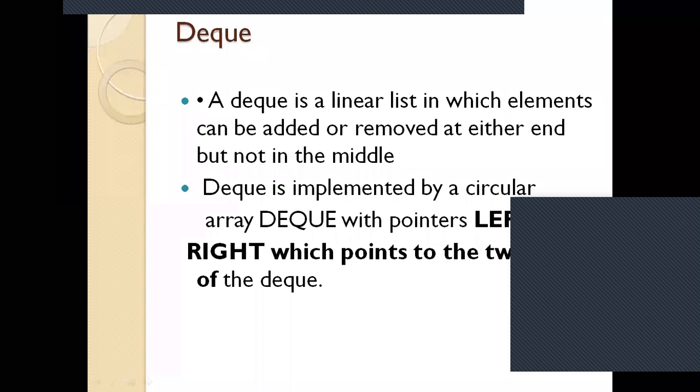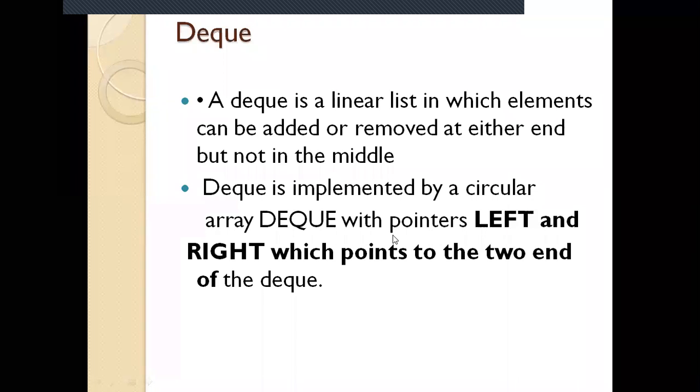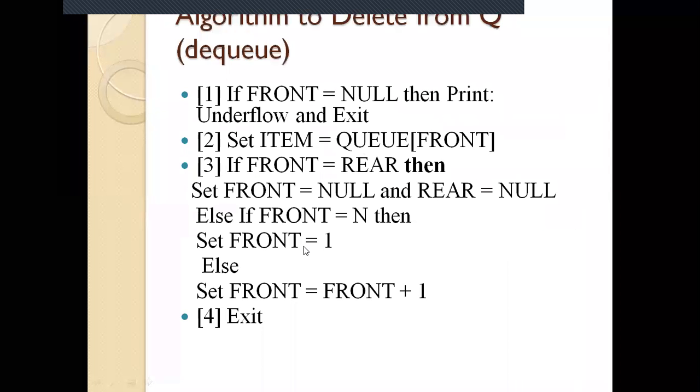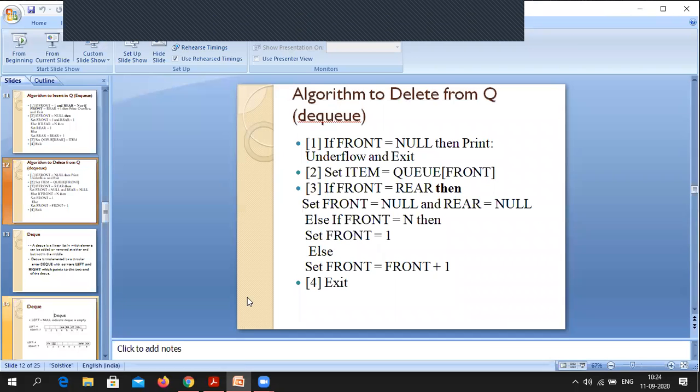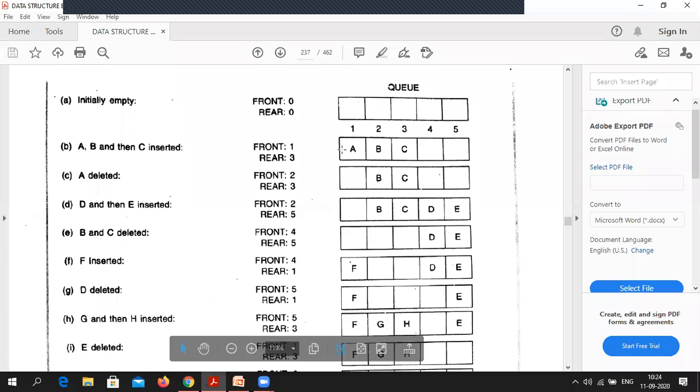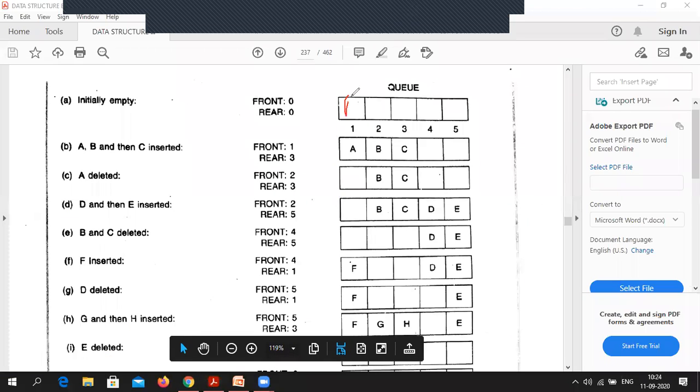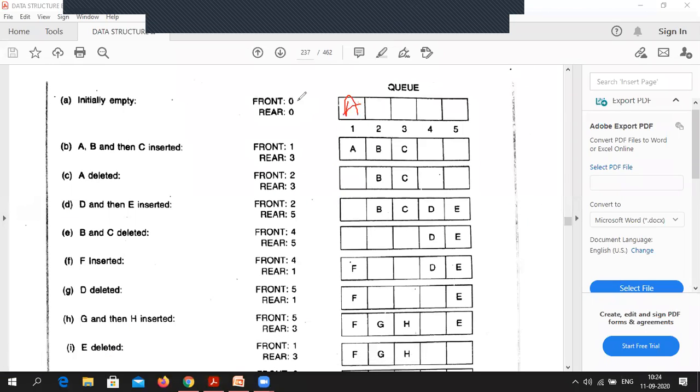Shashank, now you are saying third point. One minute. Third point is, Shashank, if front is equal to rear, that means there is a single element in your array. Like I had taken one example over here: suppose now you are inserting one element, A. Both front and rear would be 1, 1.